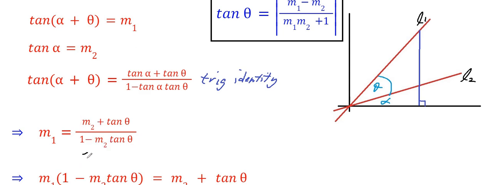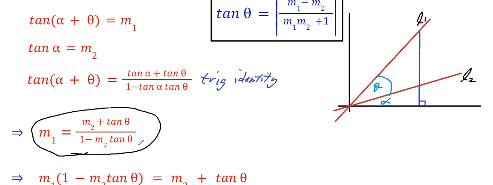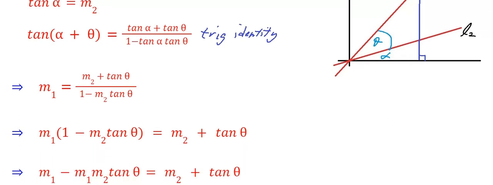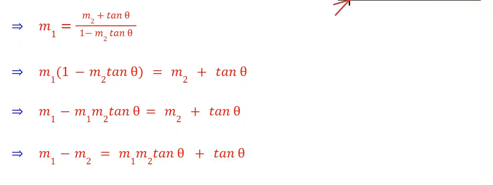And now we're up to here, and if you think about it, the only thing left to do is solve for tangent of theta. So it's just algebra from this point on. If I multiply both sides by the denominator, we get this. If I distribute m1 into the parenthesis, I get this.